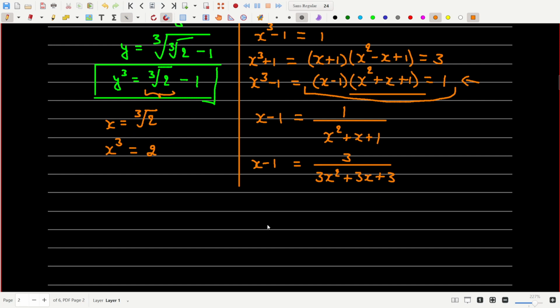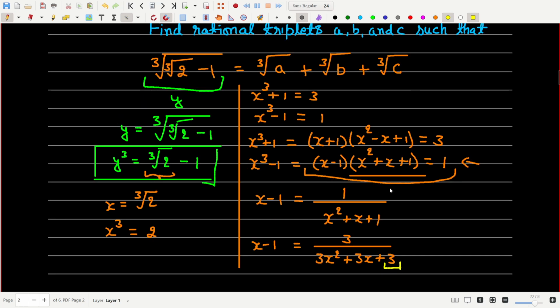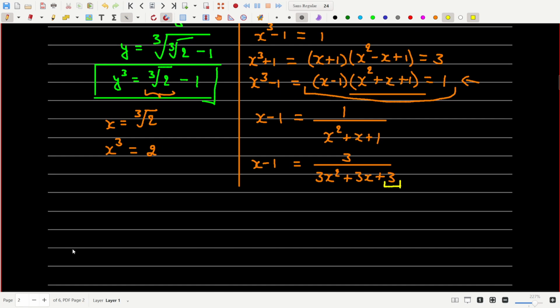We are getting somewhere. Now look at the last term in the denominator, it is equal to 3 and we know that 3 is the same thing as x cubed plus 1. So now let us substitute x cubed plus 1 in place of 3.